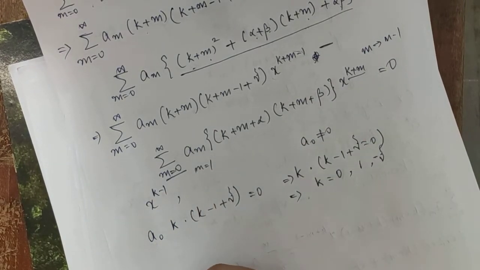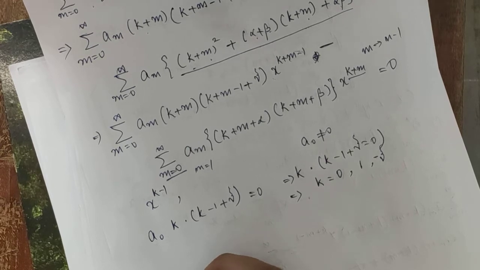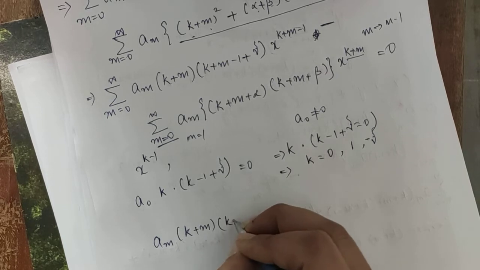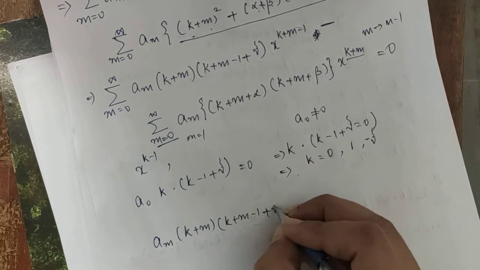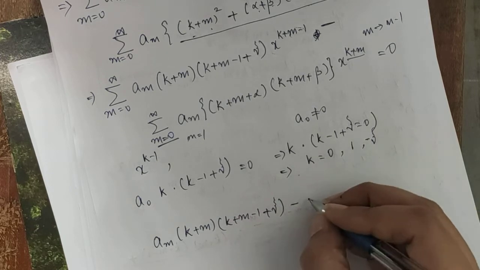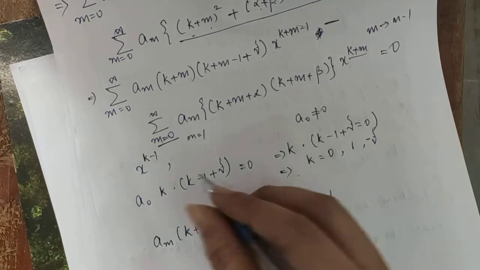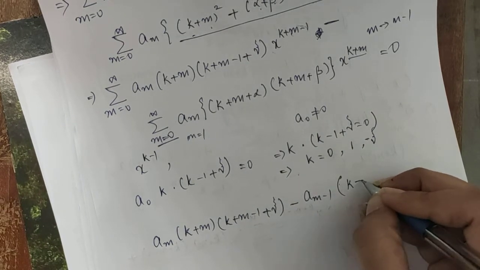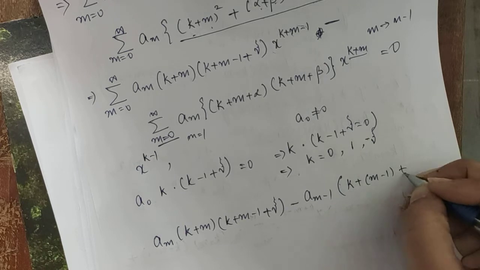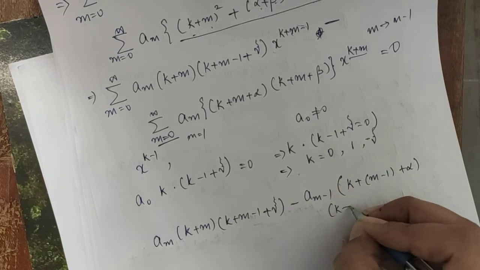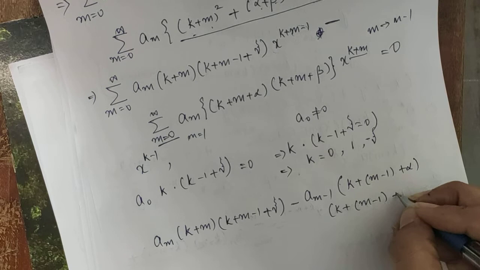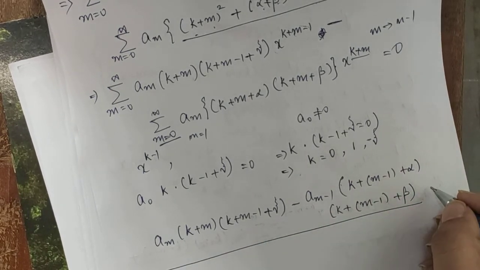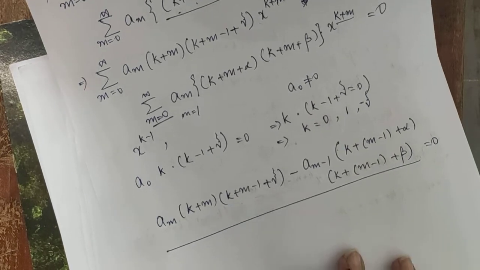So now we will get a_m into k plus m into k plus m minus 1 plus gamma minus a_(m minus 1), here m is replaced by m minus 1, into k plus m minus 1 plus alpha into k plus m minus 1 plus beta, is equal to 0, right?